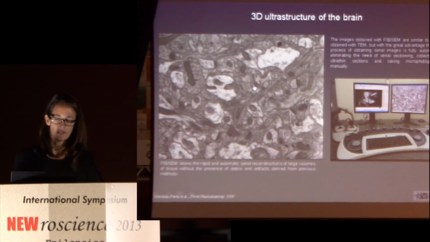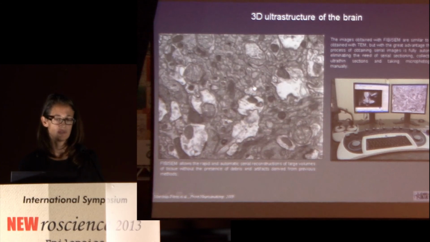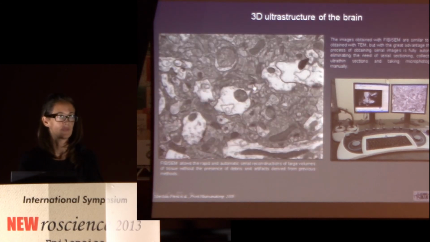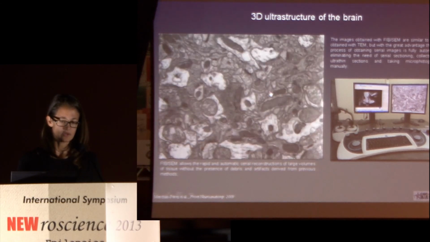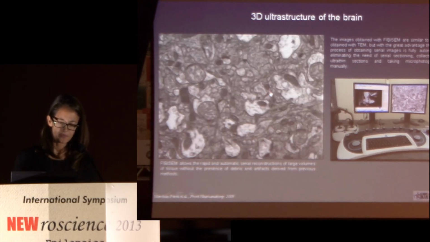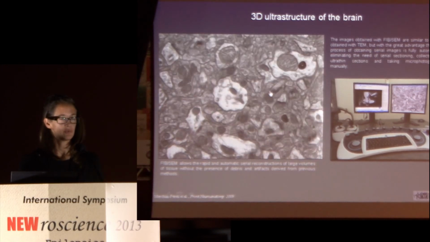We eliminate the serial sectioning and collecting of ultrathin sections, and we also avoid the problems of that technical approach. We can obtain serial reconstructions of large volumes of tissue, and we can study any part of the tissue that we have.